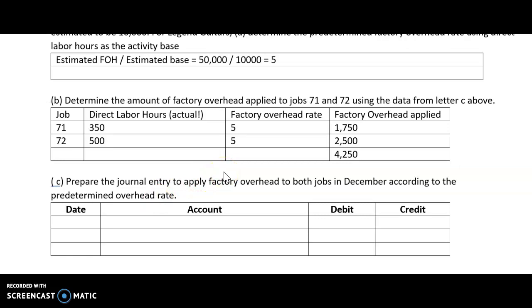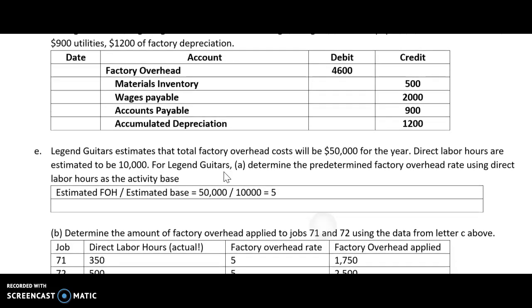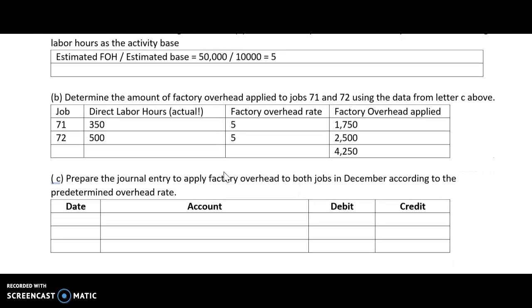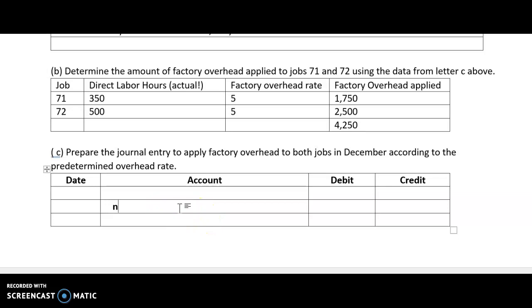All right, let's see how we do this. We want to allocate, right now we've debited $4,600 of factory overhead up here. We want to allocate some of that out, and according to our rate, we're going to allocate $4,250. If it has a debit balance, in order to take it out, factory overhead will be credited. So we're going to credit factory overhead, FOH, for the amount $4,250.